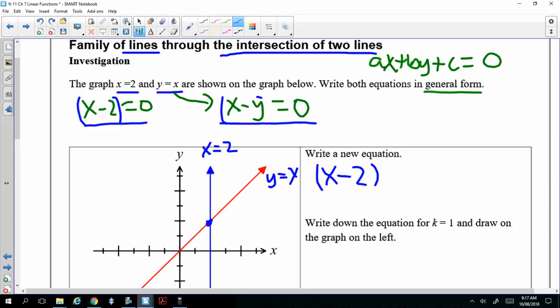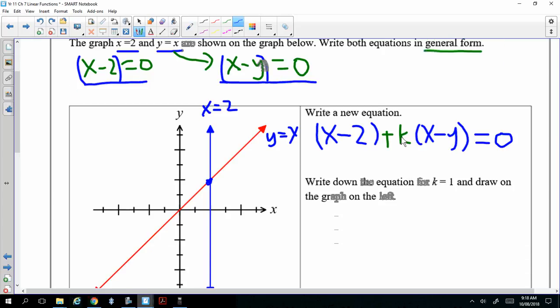We're not just going to add them, but we're going to put a k there: plus k times the second one equals 0, where k is a number. We're going to investigate what happens if we substitute different values of k and see what sort of lines we get.